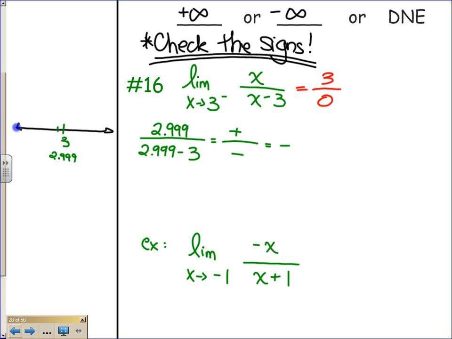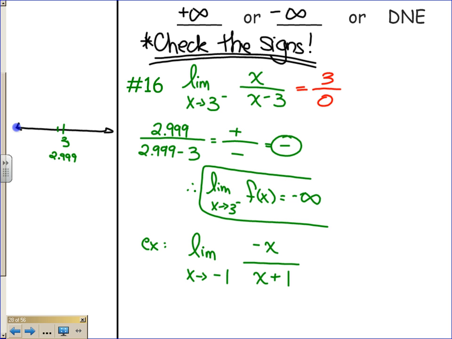So what's my limit? Negative infinity. Now, is this actually plugging in and getting the negative infinity answer? No, but it's me using my mathematical knowledge to say this is a discontinuity that's non-removable, and so therefore I can check the sign and answer.